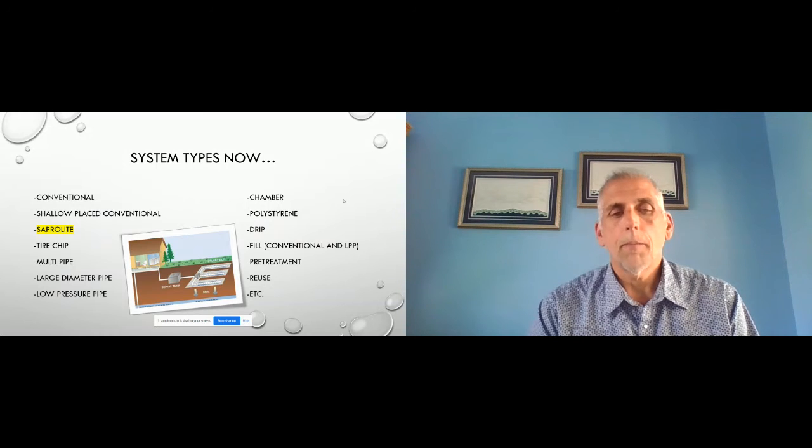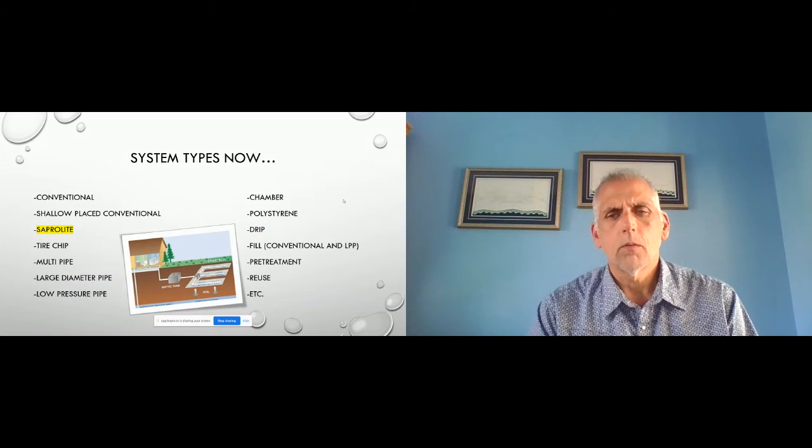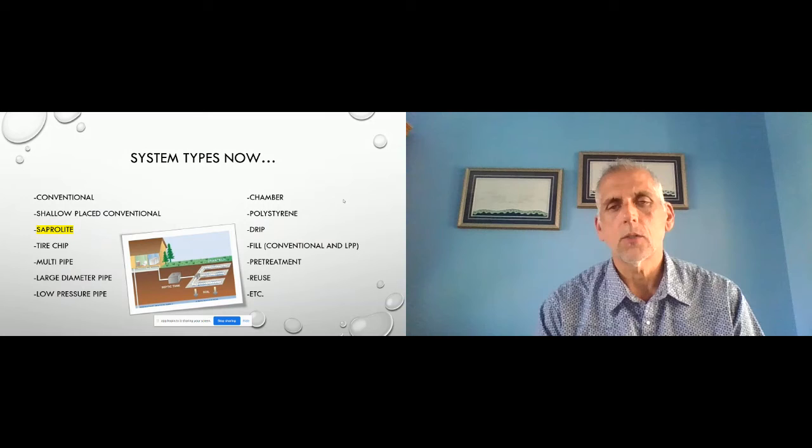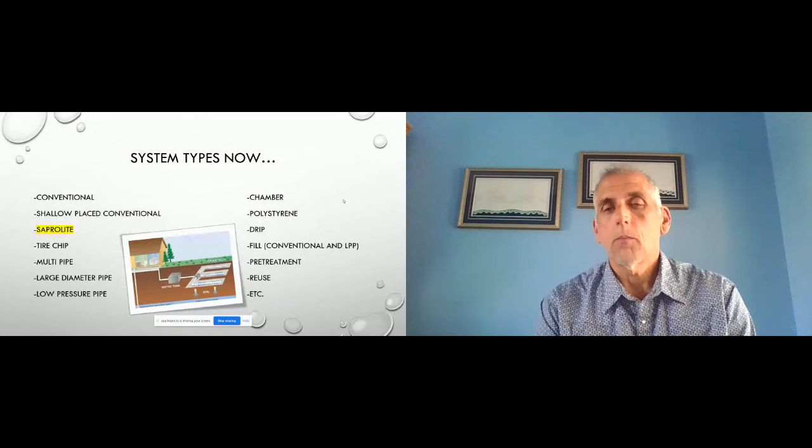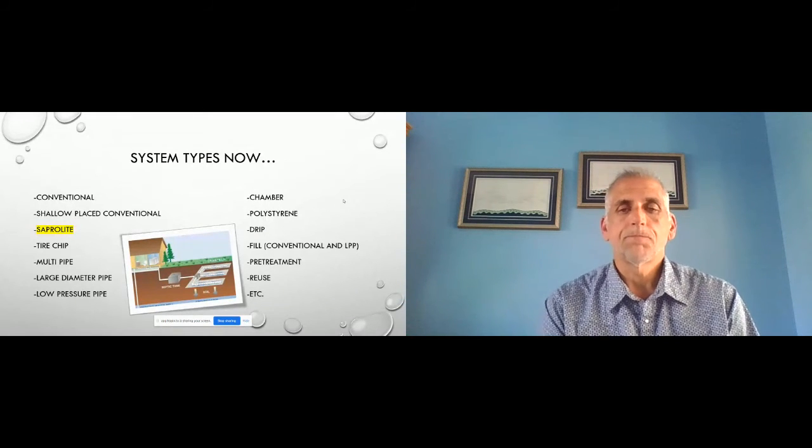We have multi-pipe, we have large diameter pipe, which we see a lot in the mountains, low pressure pipe, steel. We have chamber and polystyrene, which we see a lot of. That's probably the largest number of systems we see. And we have one now called low profile chamber. So if we have 20 inches of soil, we could put an at-grade low profile chamber in.